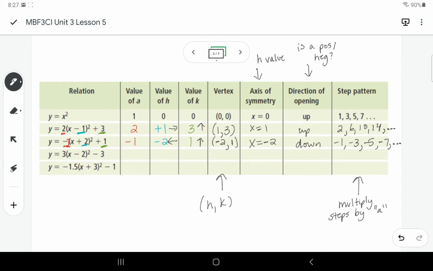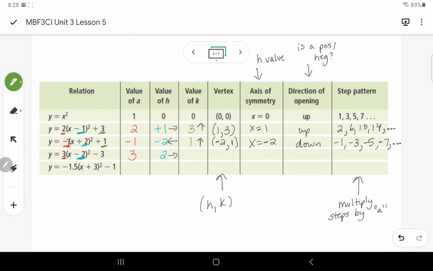2 more to go. Again, we're looking at our A value as the number out front. That's a 3. The H value is the number in the bracket with X, but the opposite sign. So that's a 2, and we're going to move that to the right.